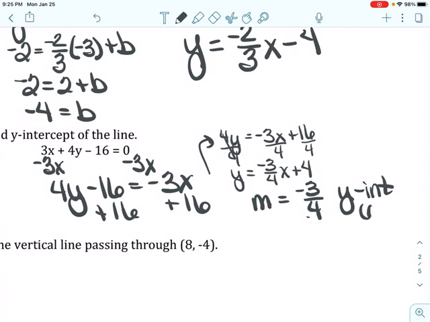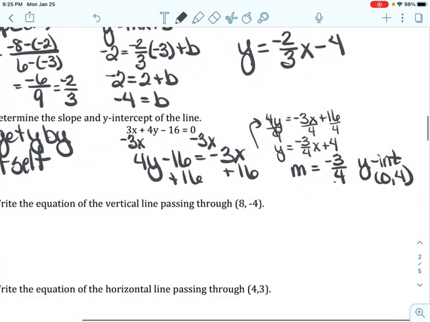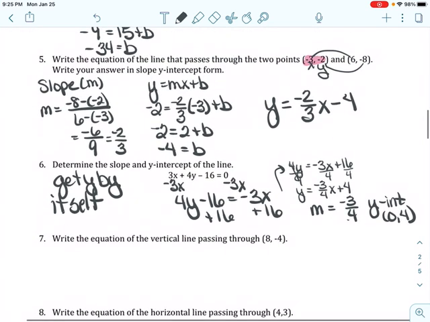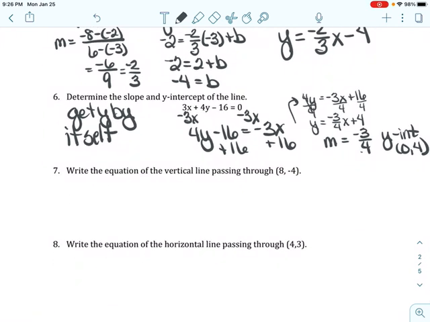Now, if they want you to state the y-intercept, I'm not just going to write 4. I'm going to write (0, 4), because we're going to write it as an ordered pair, to make ourselves sound intelligent. Okay, all right, so I feel like we've gone over a bunch of these things. Hopefully they ring a bell with you and it's like, oh yeah, and we're okay. If not, please let me know.